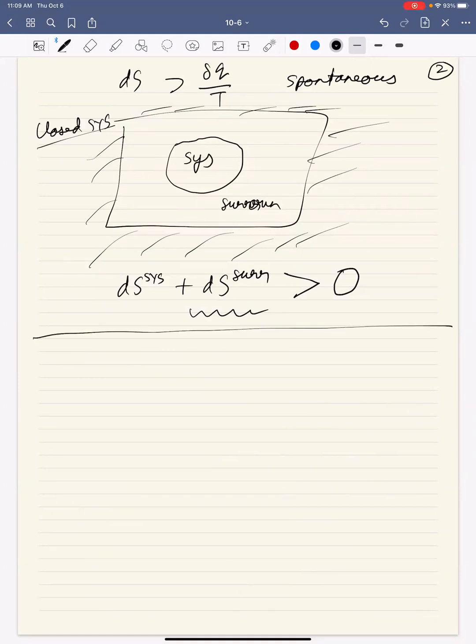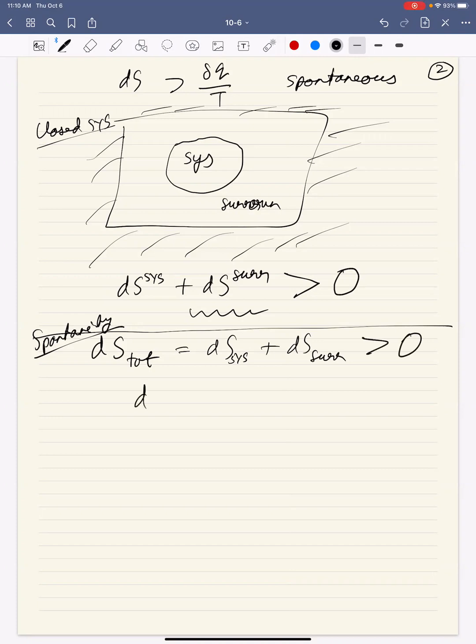This is so important that I will write it down once again. So far we have seen that for spontaneity, one condition is that dS total, which is equal to dS system plus dS surrounding, is positive, right? Another condition is that dS system is more than delta Q system by temperature.